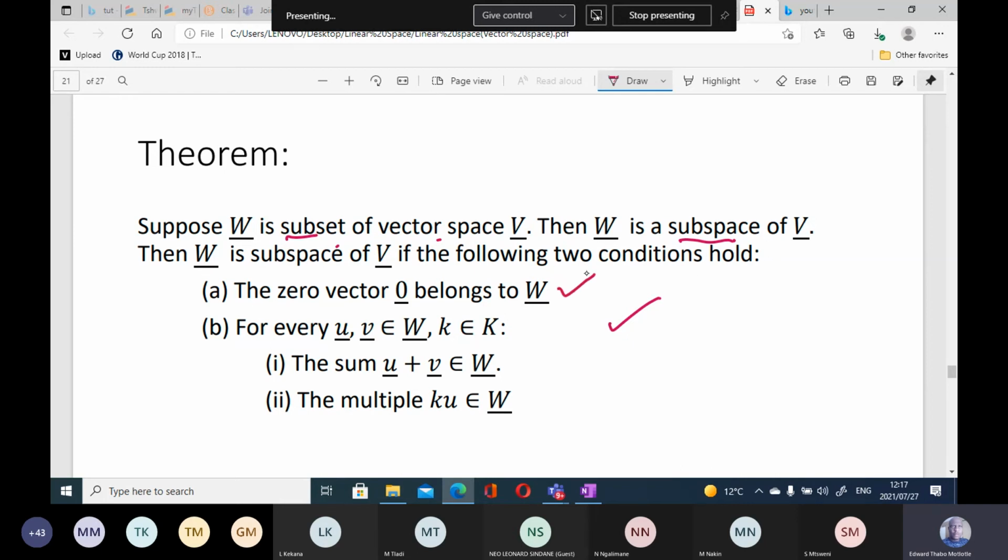So we need only to prove 2 conditions. The first one, check if the 0 vector belongs to W. Number 2, prove vector addition and prove scalar multiplication. So if you can prove these 3, then we conclude that the given subspace is a vector space.